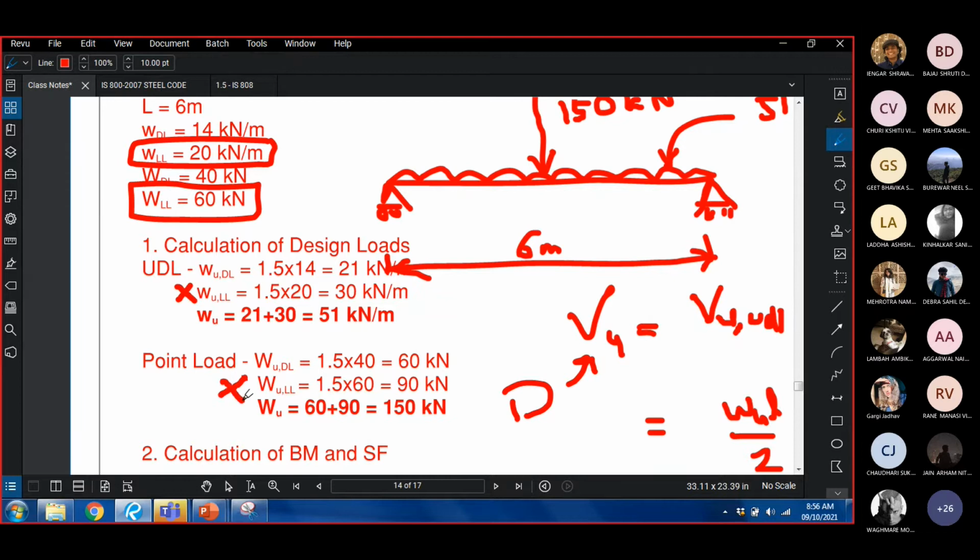These are factored values. We need service values for calculating the actual deflection, not at the ultimate.